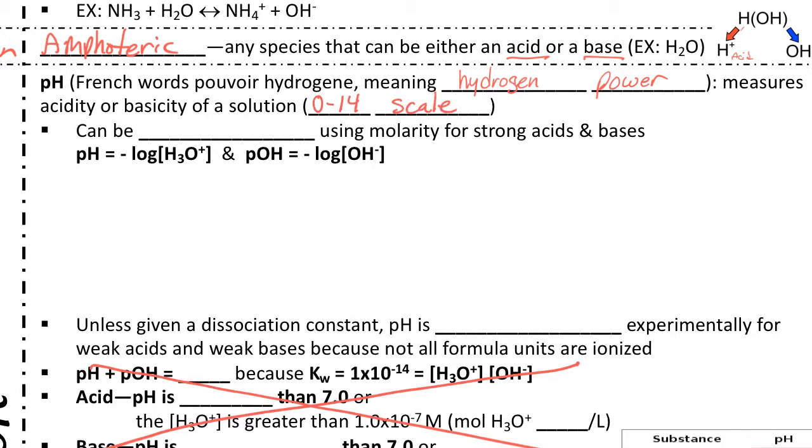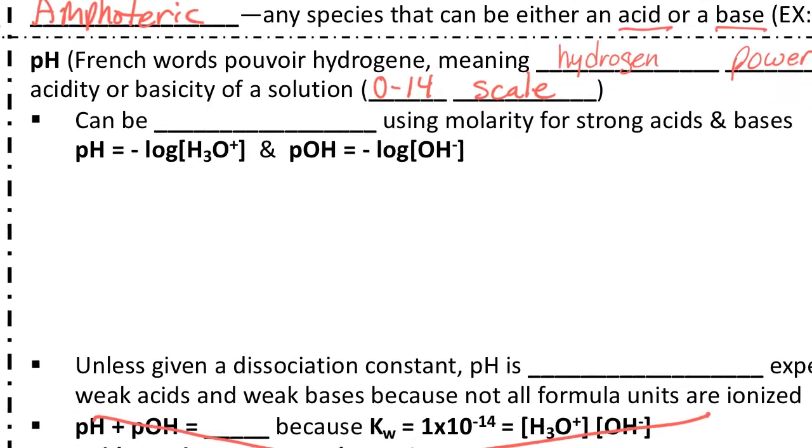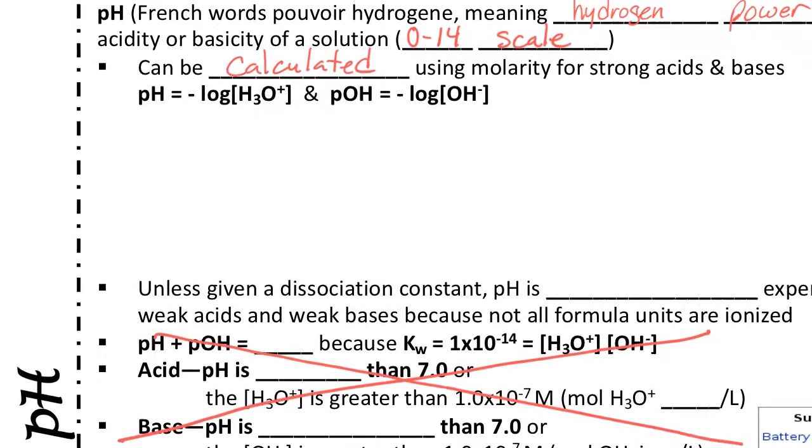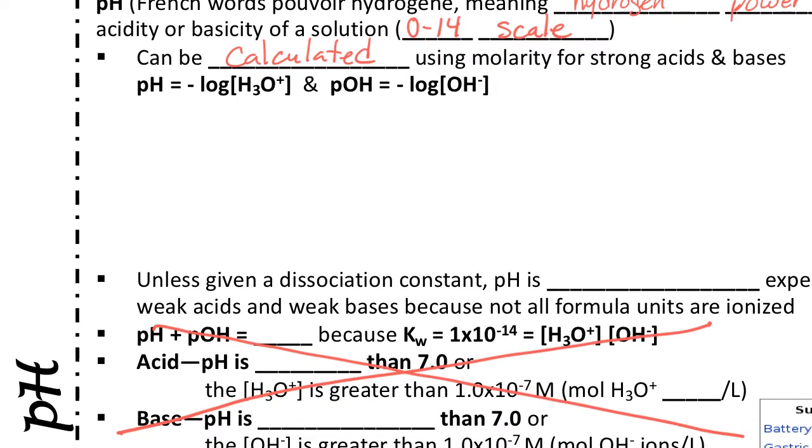We'll look at the scales in just a second, but it can be calculated if you have molarity for a really strong acid or base. You're not going to need to calculate anything like this for your test, but you need to be aware of where this pH number comes from.